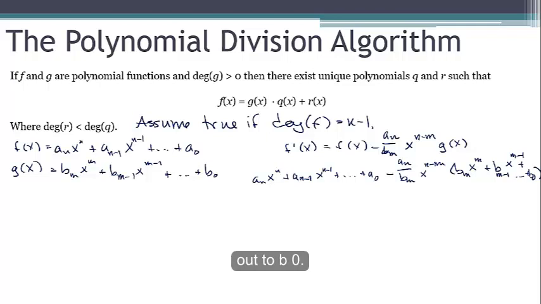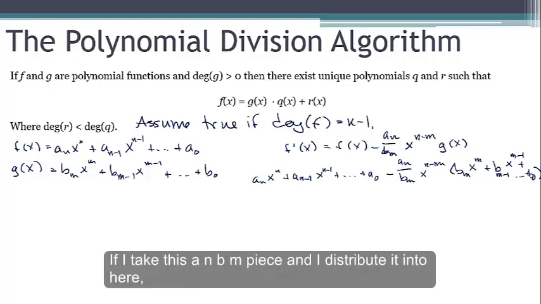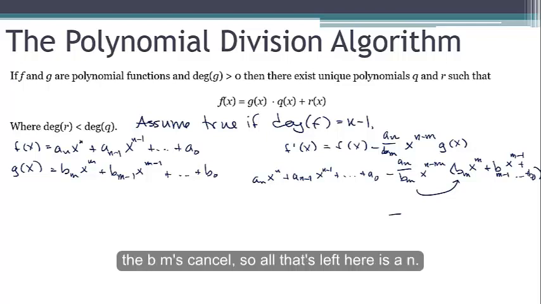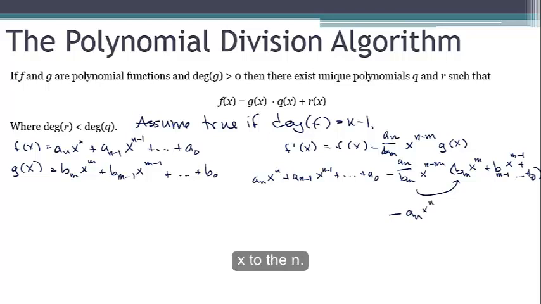All right. Now think about what happens here if you multiply this out. If I take this a sub n over b sub m piece, and I distribute it into here, this term becomes minus a sub n, since the b sub m's cancel, x to the n minus m times x to the m. You add the exponents, and that becomes x to the n.